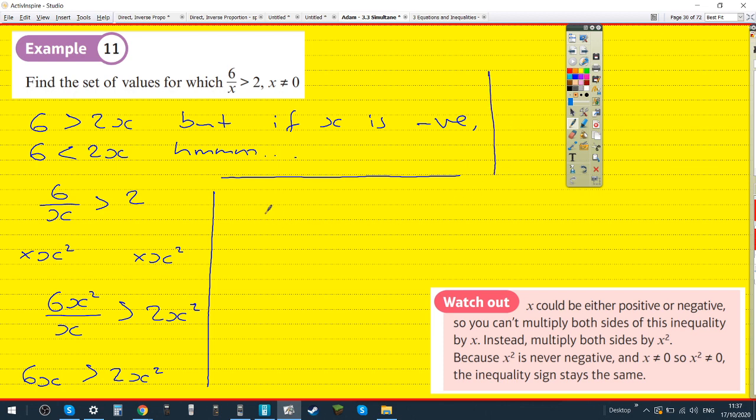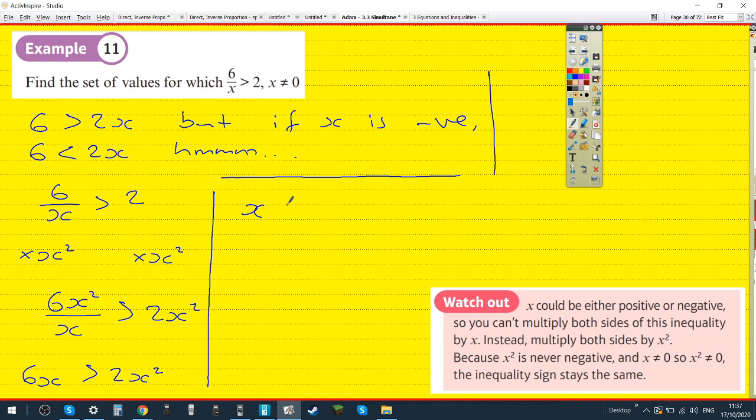And then you just divide both sides by 2. Wait, because it's x squared, could you still divide it by 2? You can, divide both sides by 2, yeah. So it'd give you x squared is less than 3x.